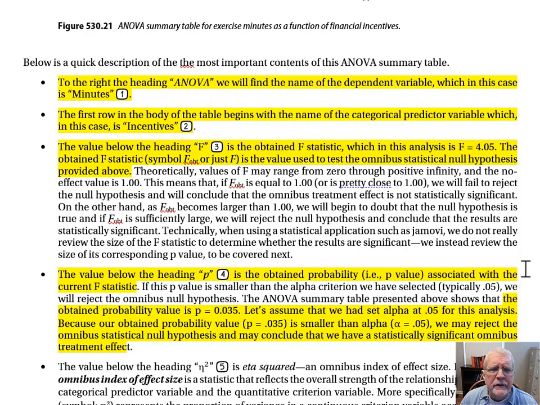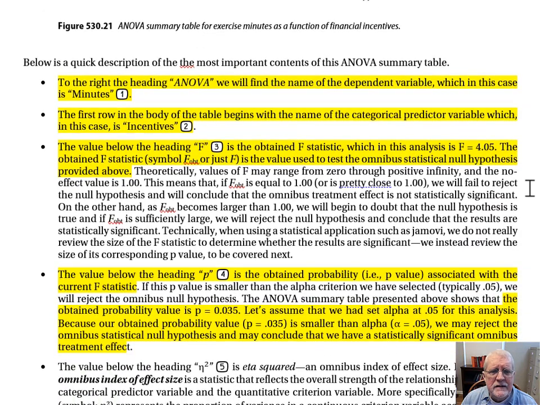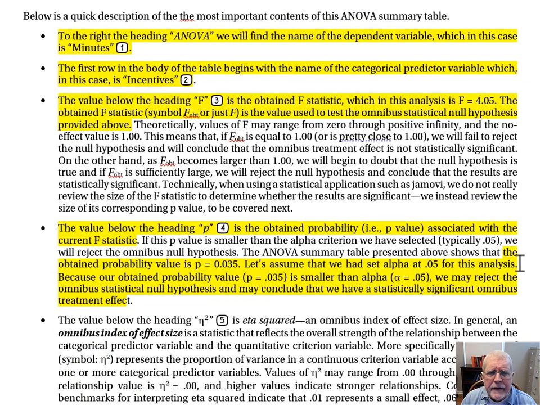The obtained p-value is 0.035. Below the heading P, yes, the p-value is 0.035. Is that good? Is that bad? Let's assume that we had set alpha at 0.05 for this analysis.